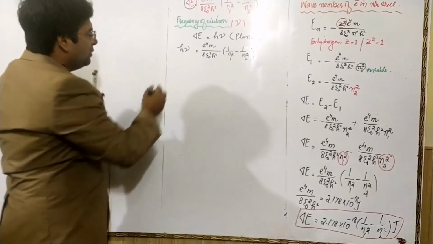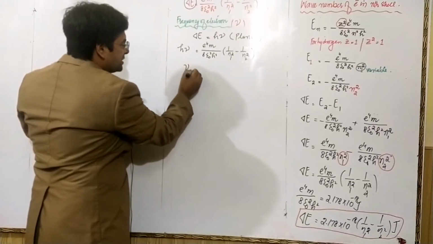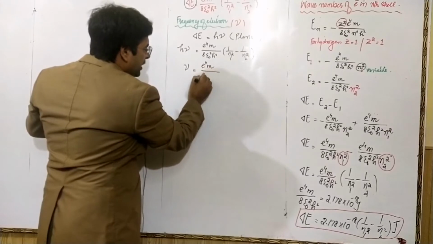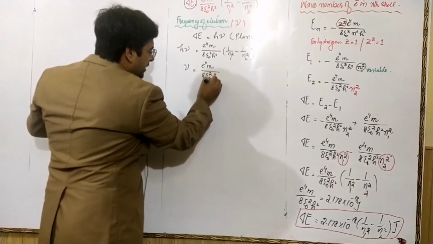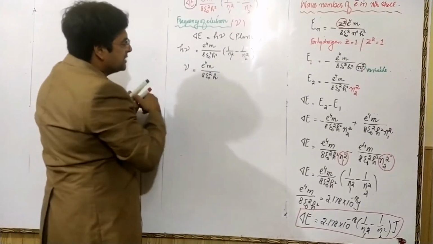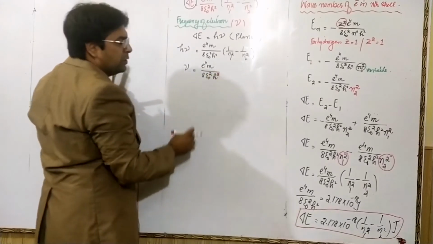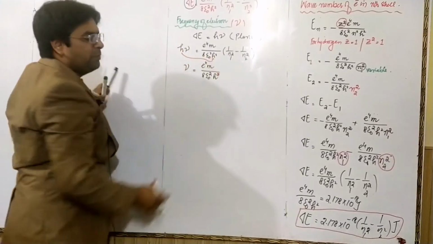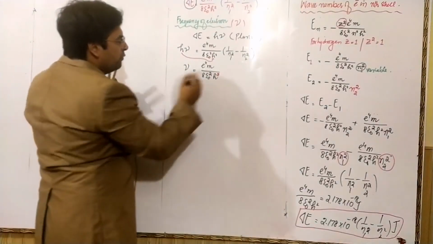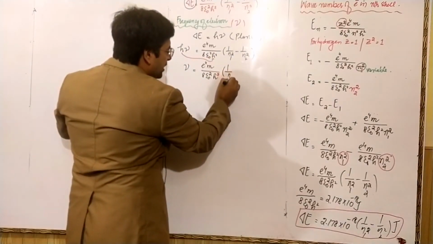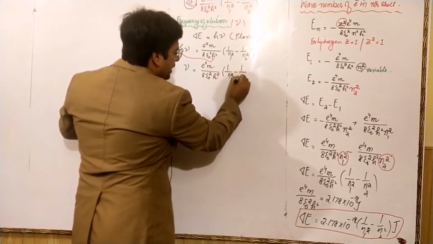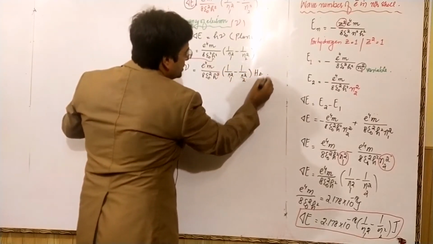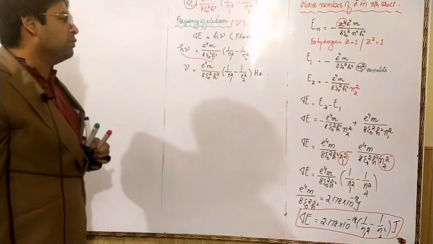So, to calculate mu, the frequency, will be equal to e^4 m over 8 epsilon naught square h cube, because one h goes to the other side, into 1 over n1 square minus 1 over n2 square. It will be in hertz. Hertz is the unit of frequency.